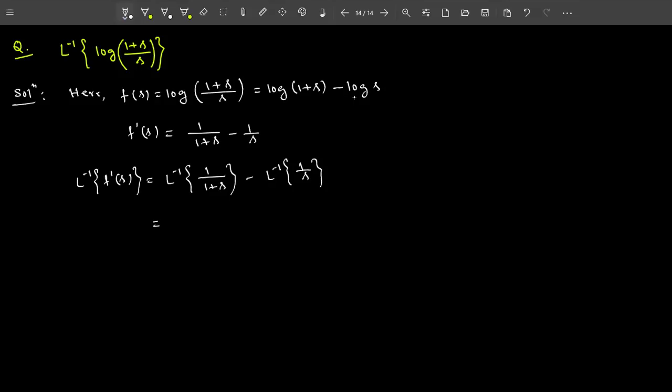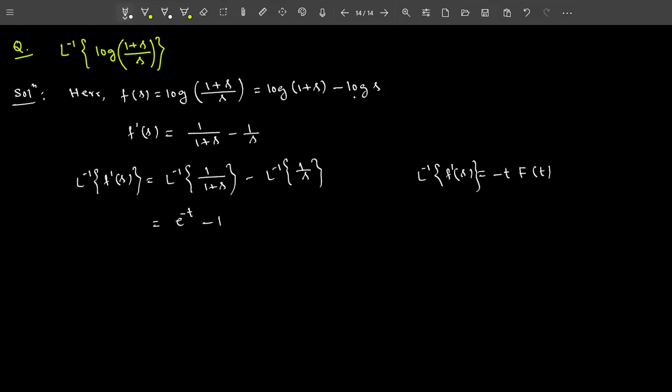And you know what is the Laplace inverse of 1 by (1 plus s)? This is e to the power minus t, minus Laplace inverse of 1 by s, which is 1. Okay. Now, according to the formula, we know Laplace inverse of f dash s is equal to minus t into f of t.